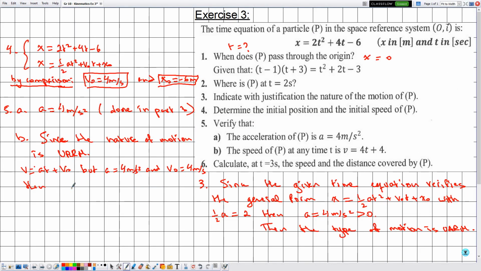Then in this case the expression of v as a function of time is given by 4t plus 4.